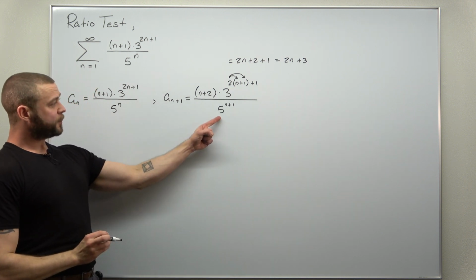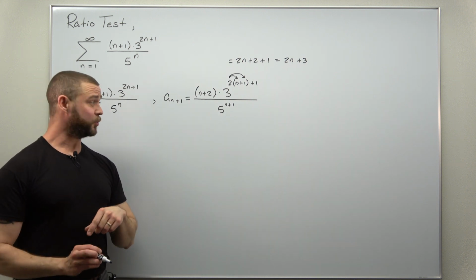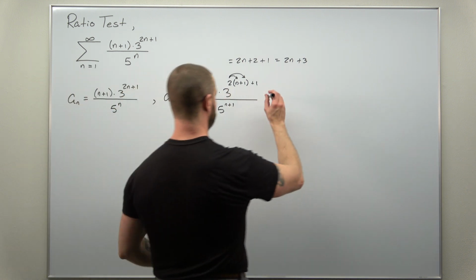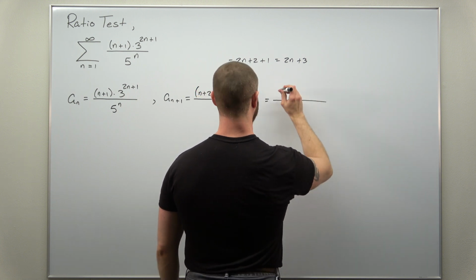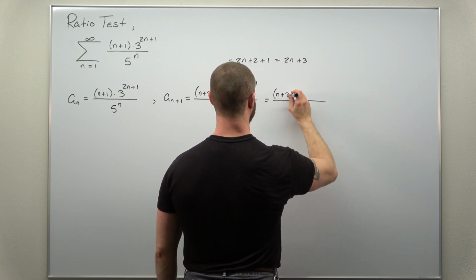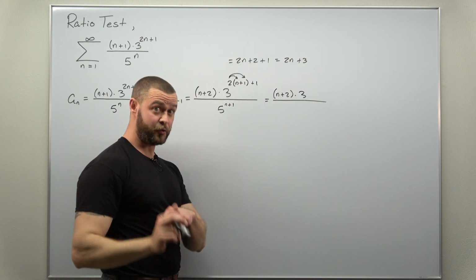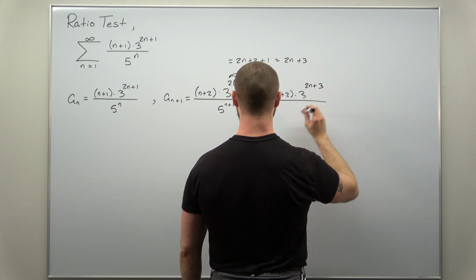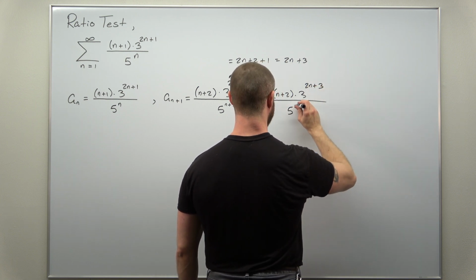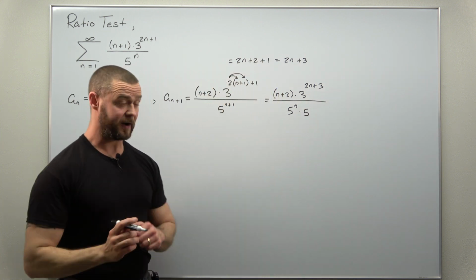And I'm also going to apply the exponent trick, splitting up 5 to the n plus 1 as well. So let's go ahead and make use of both those. We're going to have n plus 2 times now 3 to that power 2n plus 3. And I'll write that denominator as 5 to the n times 5 to the 1, or 5.